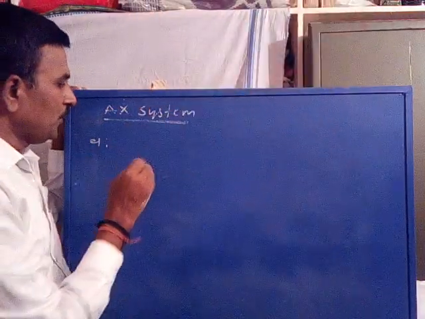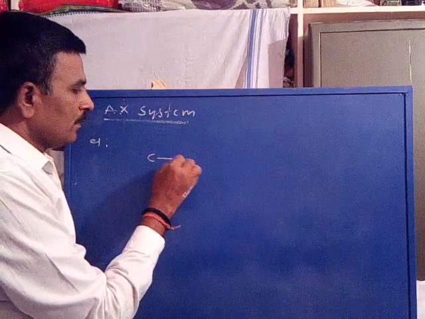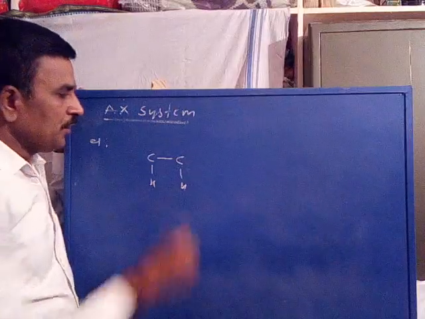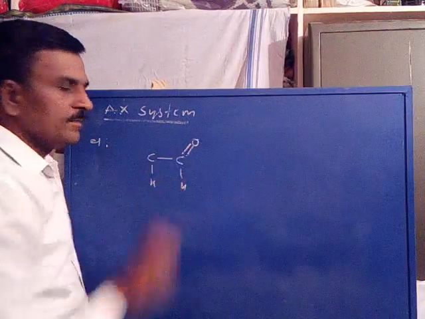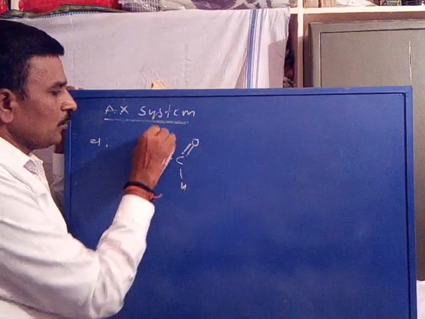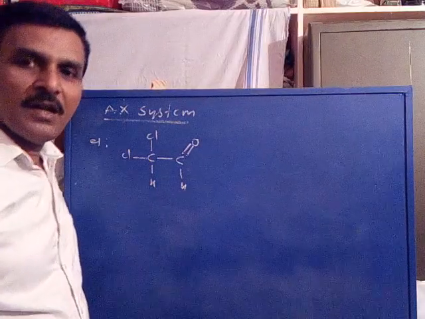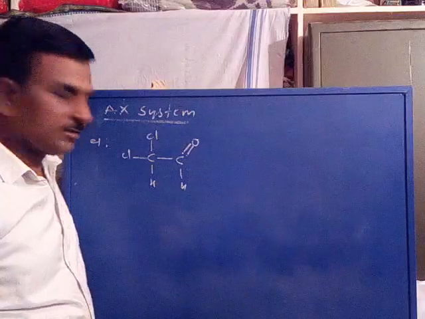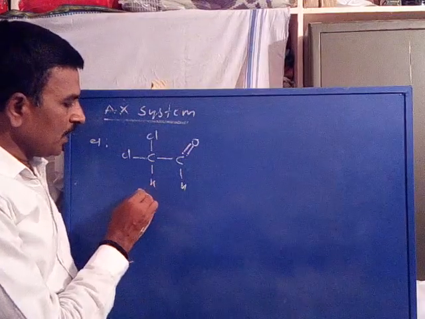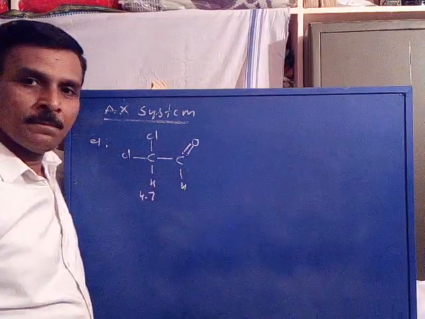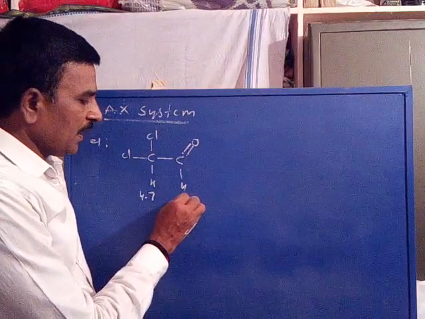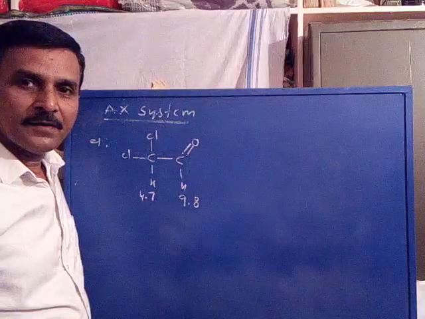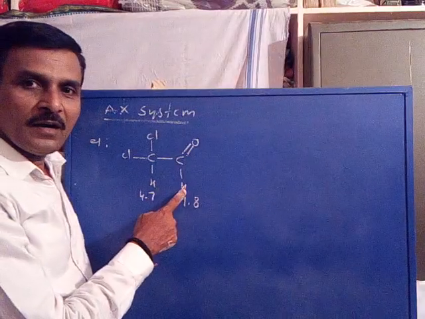Example, you take CH, two protons, you keep an aldehyde group here, you keep the two other groups here, alpha dichloroacetaldehyde. Now it has two protons. Now this proton appears at 4.7, the aldehyde proton appears at 9.8. These two protons are non-equivalent. Are they non-equivalent or not?